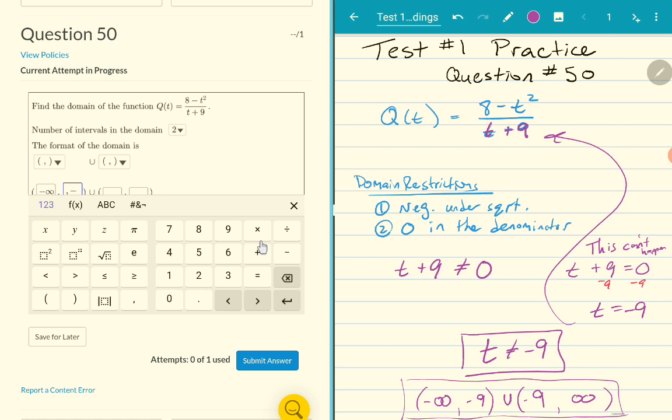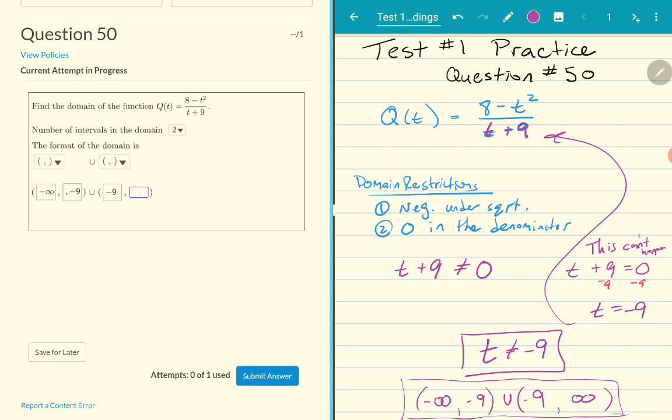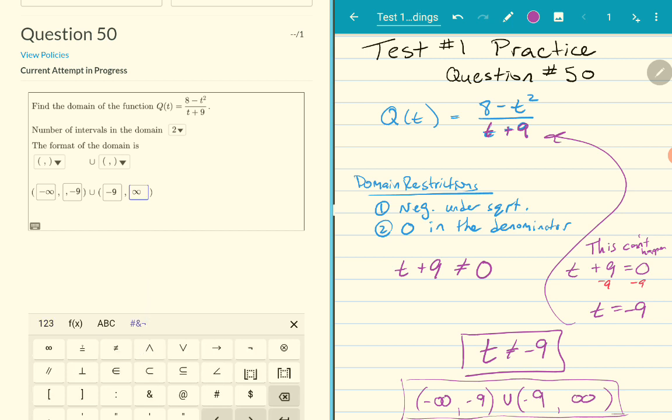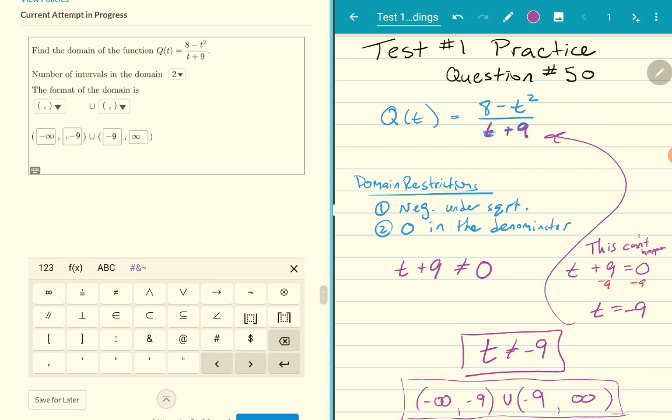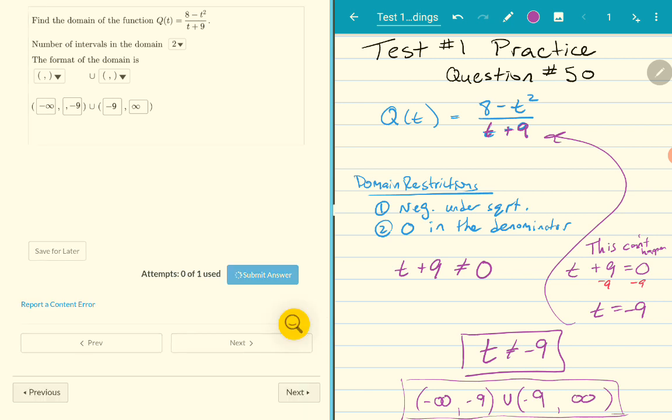There we go, negative 9. And then negative 9. And then a positive infinity. And then click outside of the field so that nothing's highlighted, everything's saved, and I click submit answer.